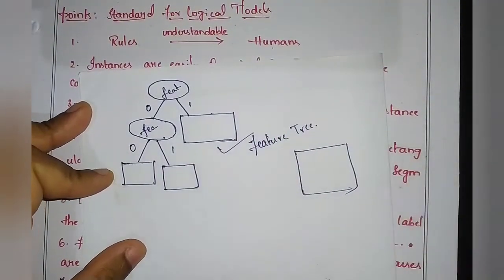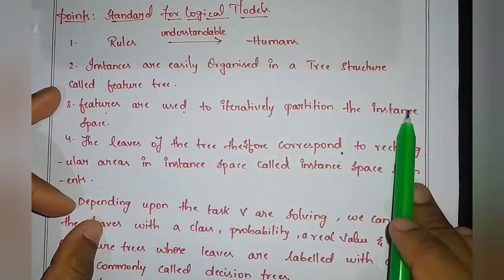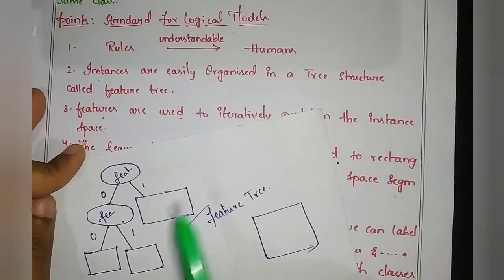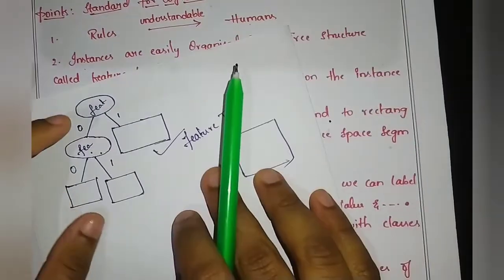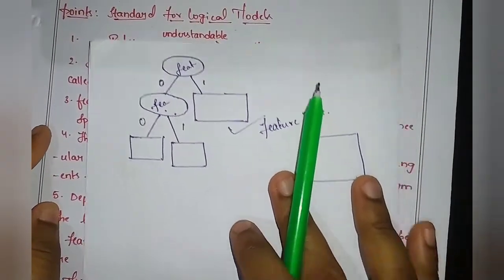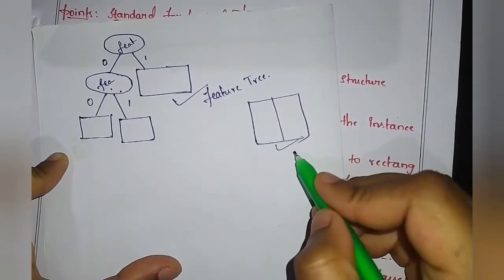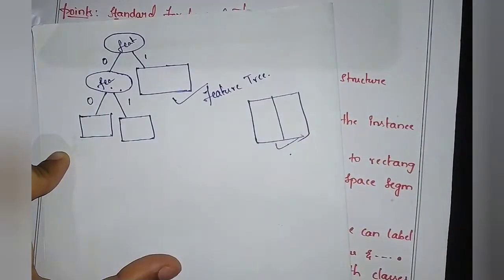So features are used to iteratively partition the instance space. We will be dividing the instance space, and we will be doing these partitions according to features only.